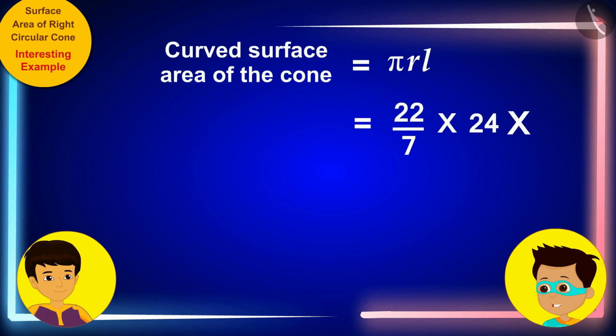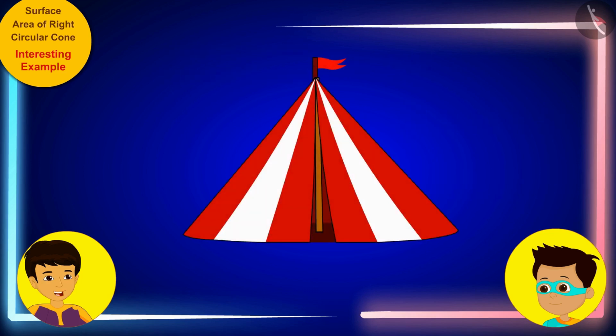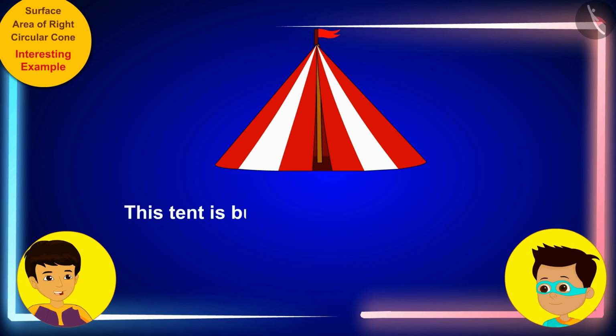Let's see what we get. I got it! The curved surface area of the tent is 1961.14 square meters. This means that this tent is built using 1961.14 square meters of cloth.